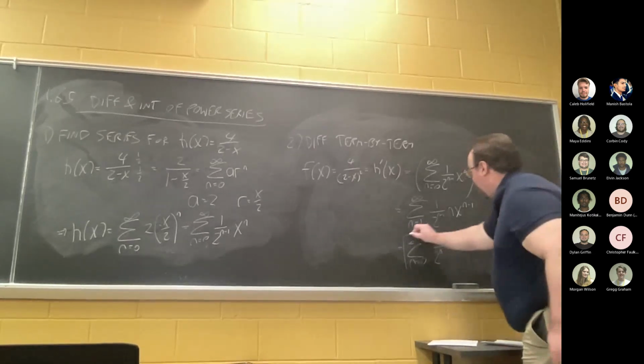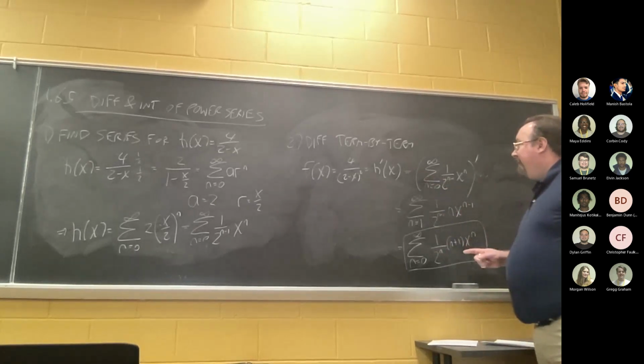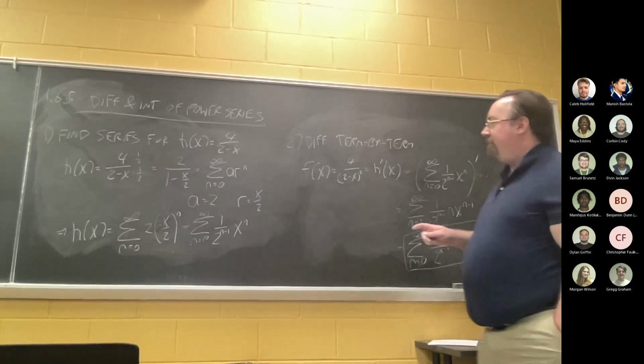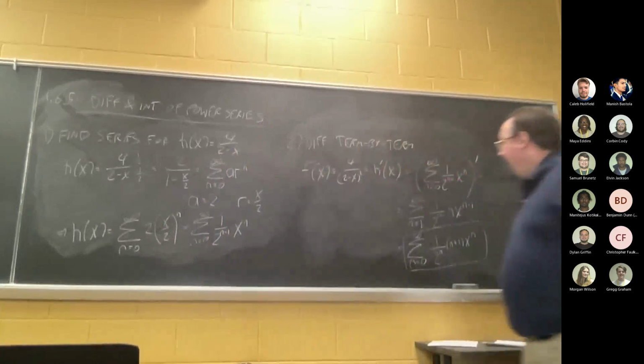So this right here is the final result. That is the answer, because the goal is to compute the power series for f using the fact that it's a derivative of this function for which we know how to get the series.